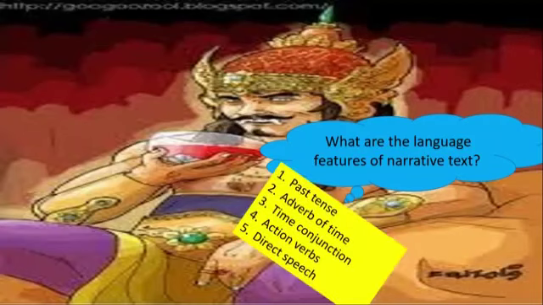Okay, last, what are the language features of narrative text? The language features of narrative text are past tense, adverb of times, time conjunctions, action verb, and direct speech.